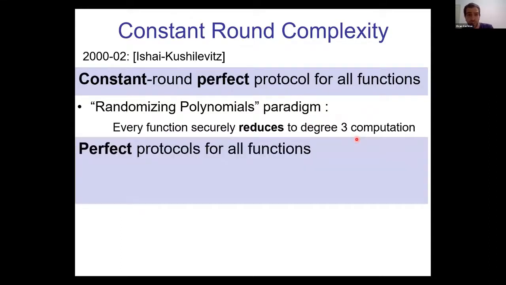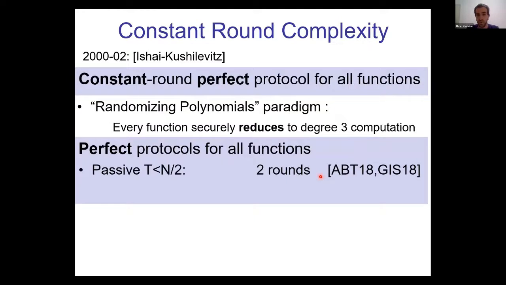Now, more recently, there was a breakthrough in the round complexity of perfect MPC. For the passive case with an honest majority, two works, one of Applebaum, Brakerski, and Tsabary, and the other of Garg, Ishai, and Srinivasan, show that every function can be computed in 2 rounds, which is optimal for this regime.